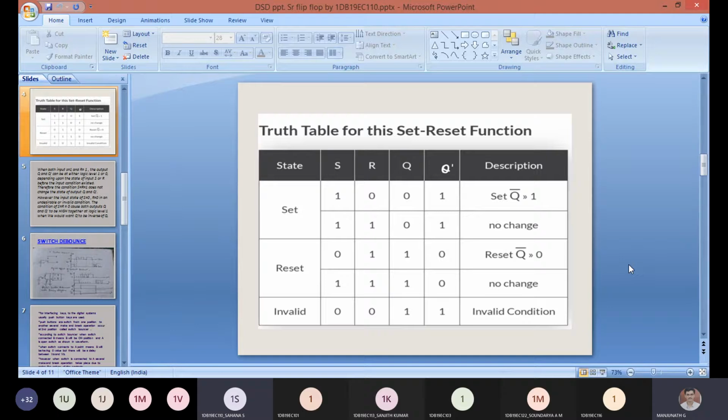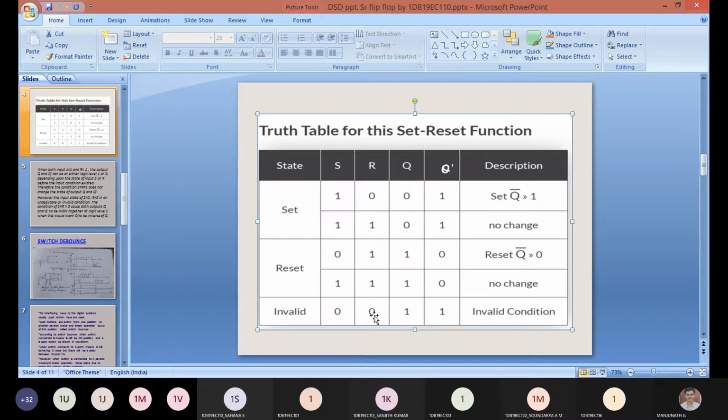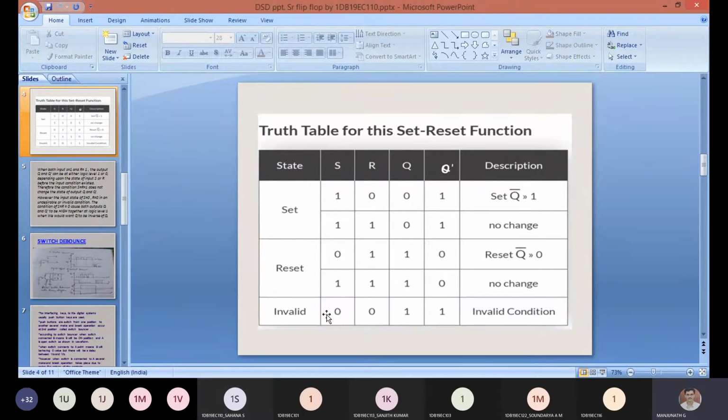Just one set here. Is the 1 1 condition invalid, or the 1 0 condition? When you consider both set and reset as high, then the condition is invalid, right? Yes, sir. You are showing 0 0 is invalid in the truth table. Is this condition visible? You have given S as 0 and R as 0. It is the no change state, right? I think something went wrong here.